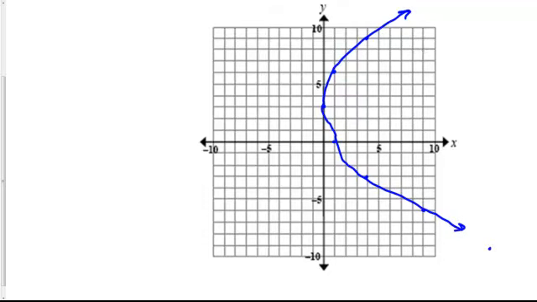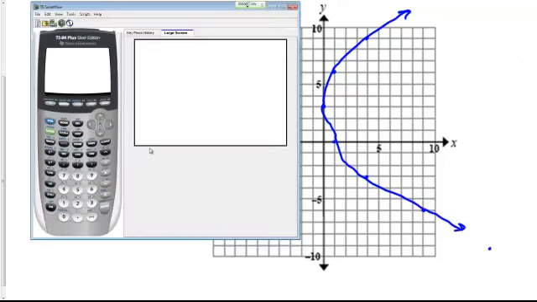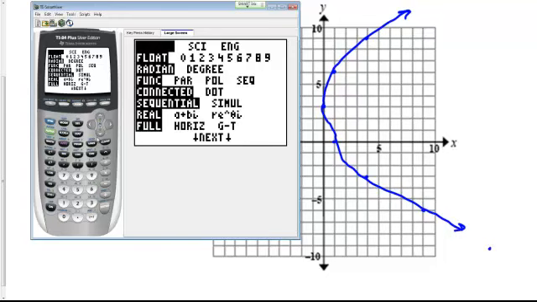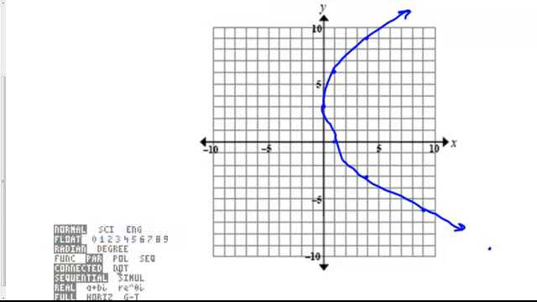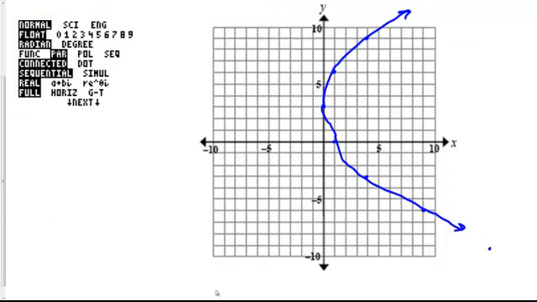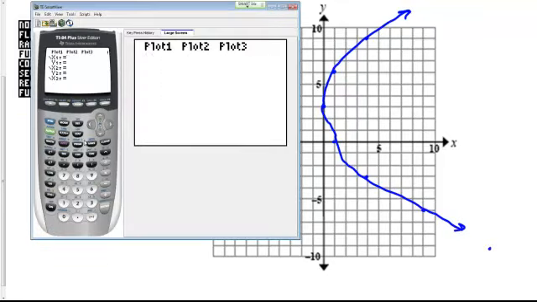We can also graph parametric equations using a TI. So let me bring up the TI and show you how to graph those parametric equations here. Before we do it, we must first switch to the parametric mode. So if we go to mode here and we highlight parametric and we switch to the parametric mode, let me drop this out so you can see this, and then from there we can go y equal, and notice that our y equals have now changed to x and t's.